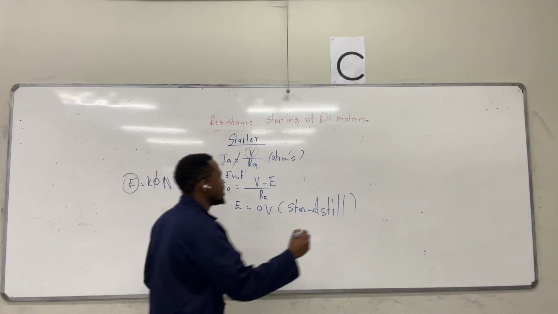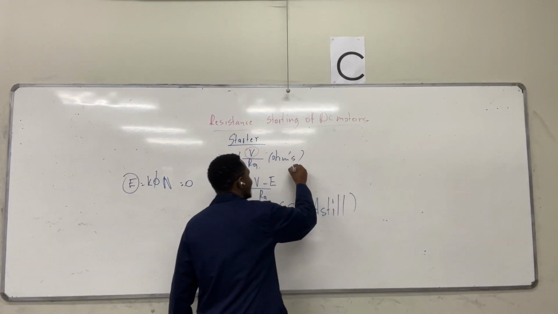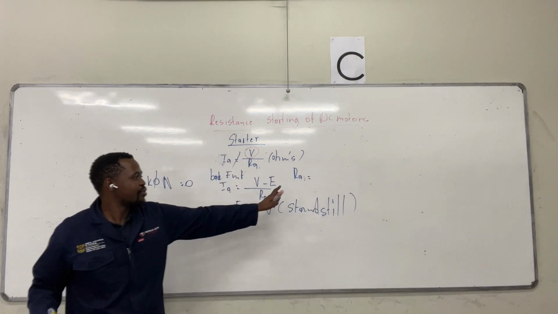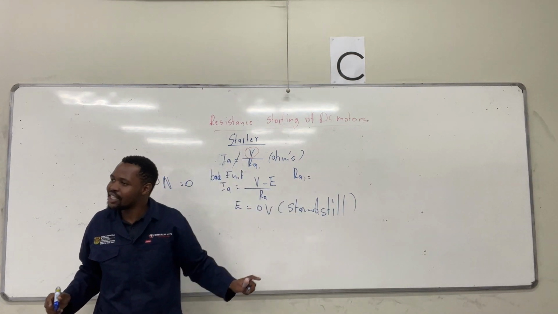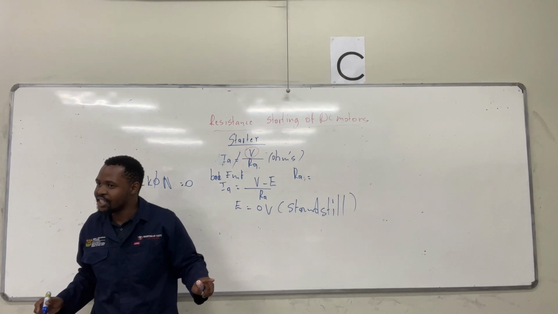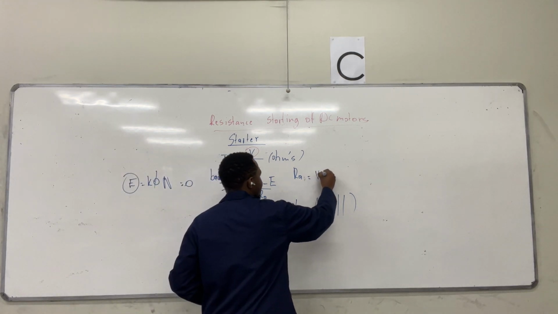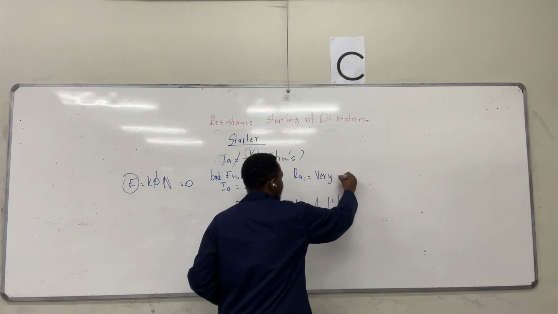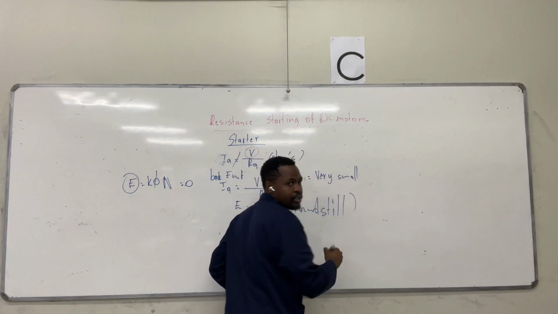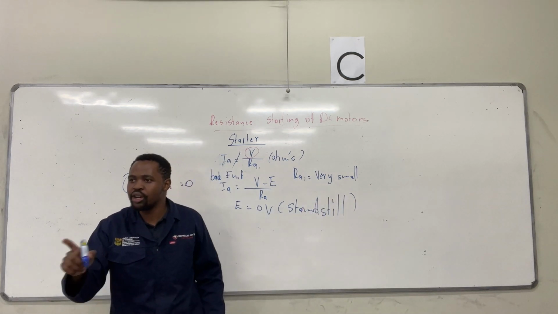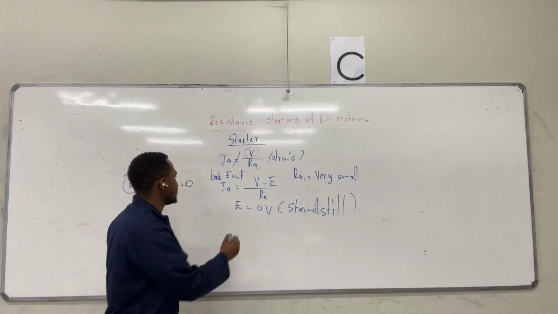The resistance of the armature is very small. So this has implications, okay, guys. If the resistance is very small, what does it mean about the current?